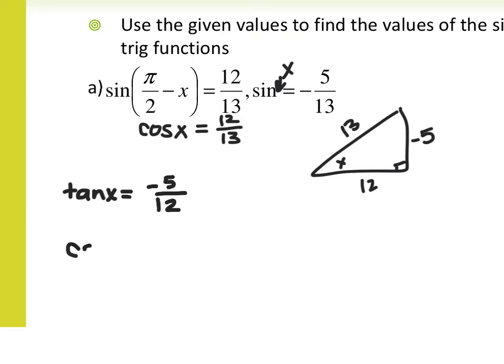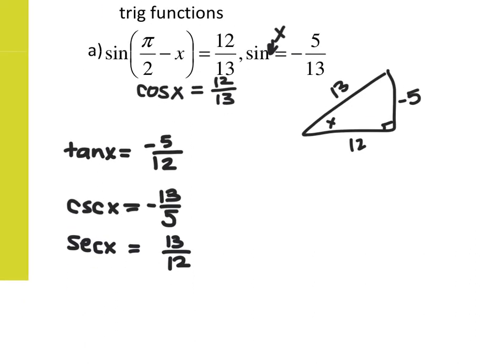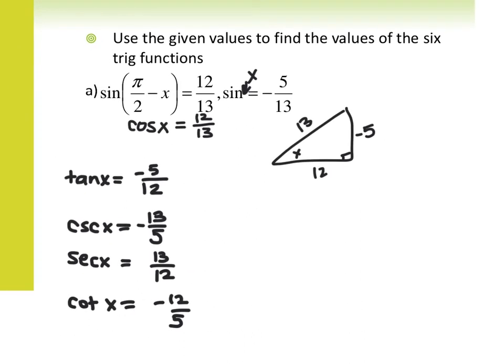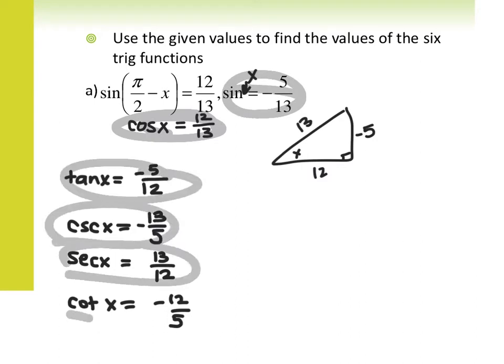And then I need cosecant. Flip the sine, negative 13 over 5. Secant, flip the cosine, 13 over 12. Cotangent, negative 12 over 5. So as long as you have 6 by the end, 1, 2, 3, 4, 5, 6 functions, you've got them all.